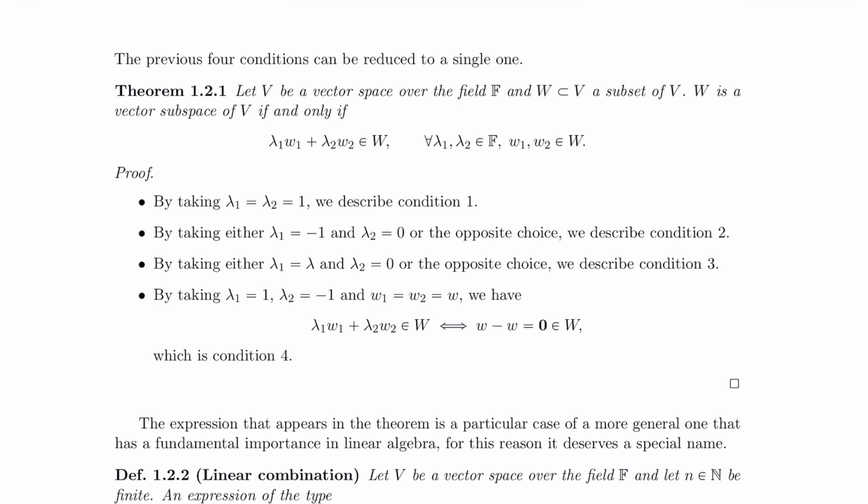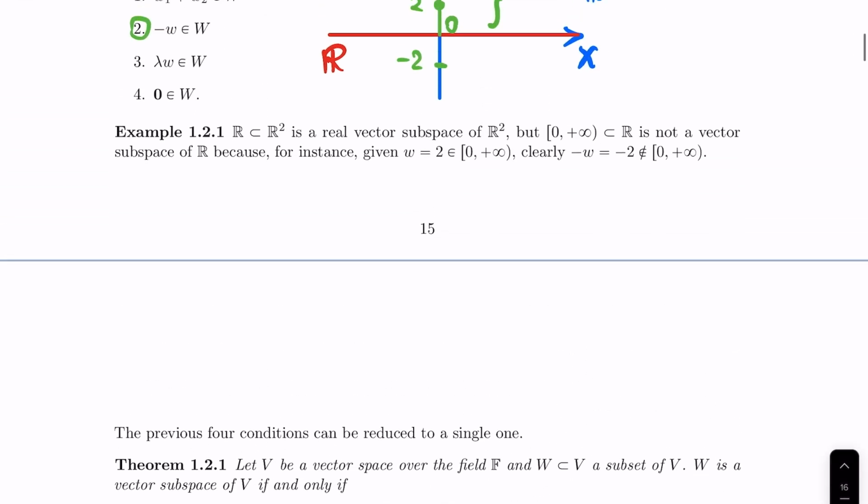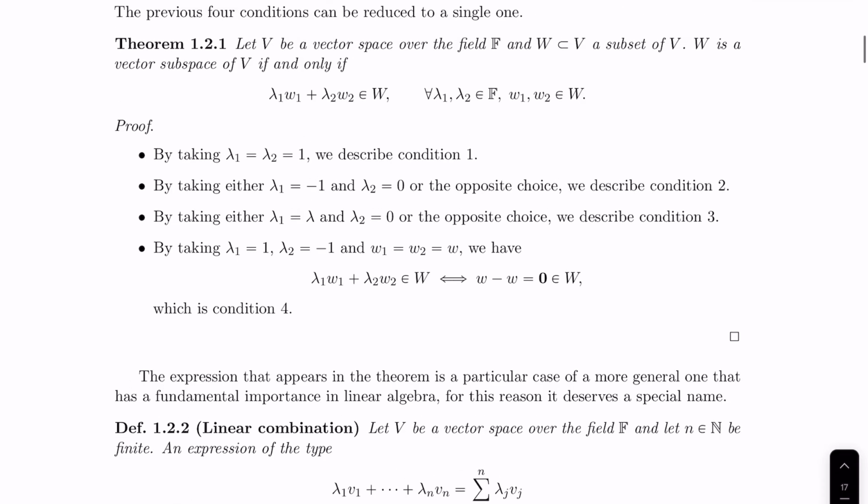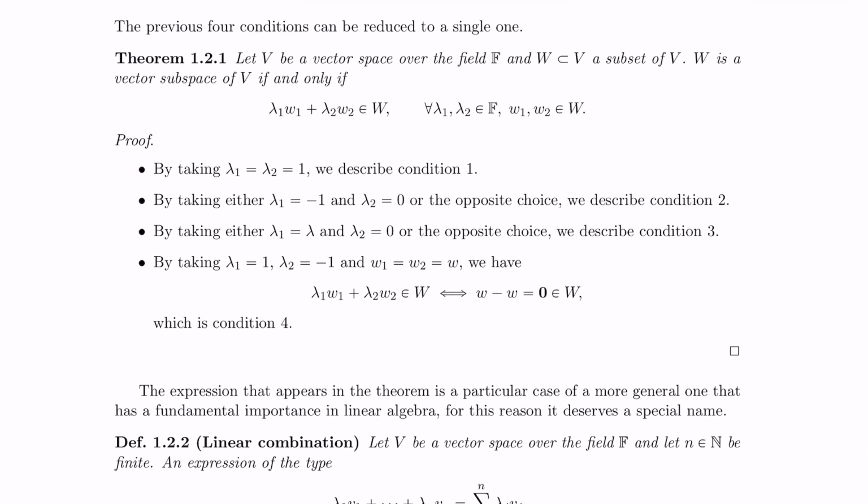We must prove that this single request contains as sub-requests those written here. This is actually very easy because if we set, for example, lambda1 and lambda2 to 1, then we remain with w1 plus w2 belonging to W, which is the first request.